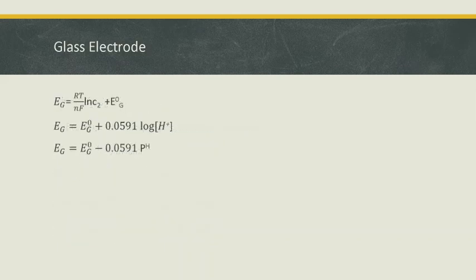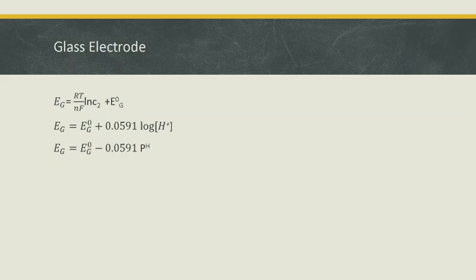In place of that value, I substituted E naught G. Now I am converting ln into log. So Eg is equal to E naught G plus 0.0591 into log of concentration of H plus. Here the R value, T value, and N value is 1, because the number of moles is 1, and Faraday is 96,500.